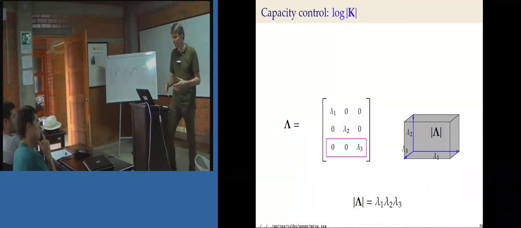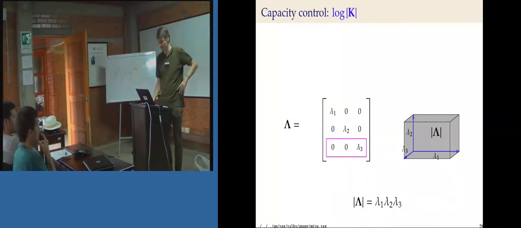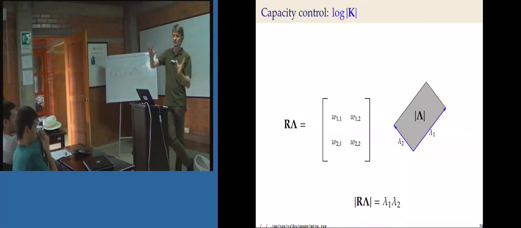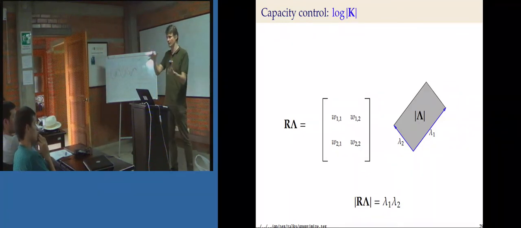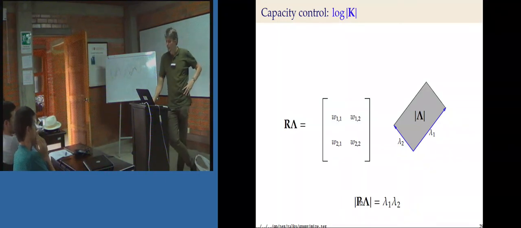Determinants are always these volumes. To get the actual volume of the ellipse, you have to multiply by 2 pi, or to get it right for the Gaussian. So that volume also doesn't change when you do this rotation, and nor does the determinant. So as you rotate this guy around, the determinant doesn't change. So of course, what we get is not the determinant of R lambda, we look at the determinant of the covariance.